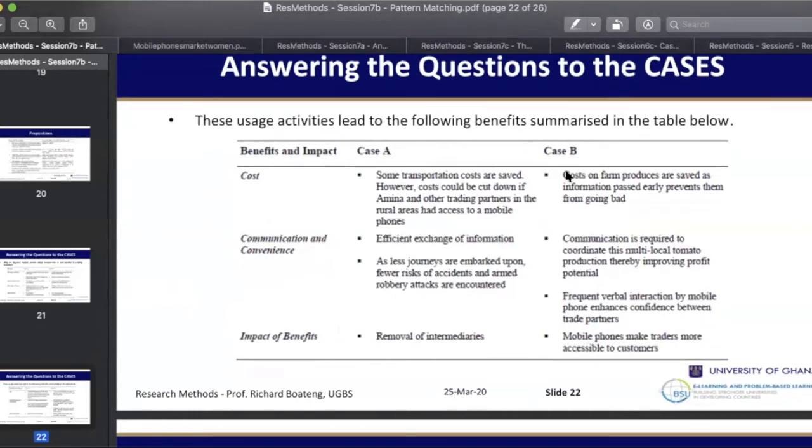You can use tables to summarize and analyze the data before you write. So what the author is doing, apart from cross-case analysis and pattern matching against the theory, is also data display, summarizing the data through tables before he goes ahead to do the writing.